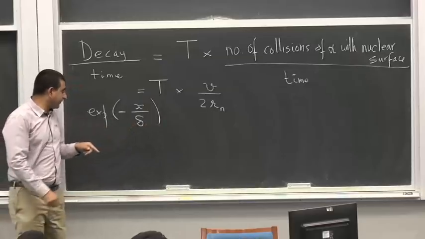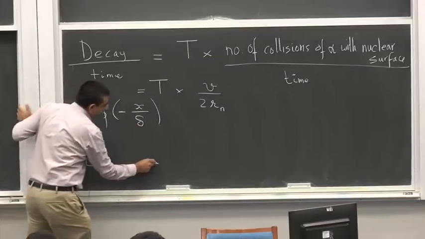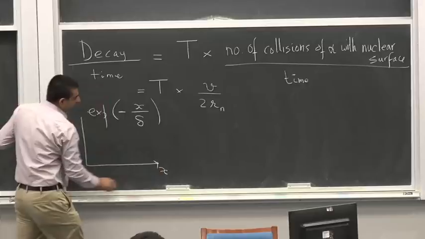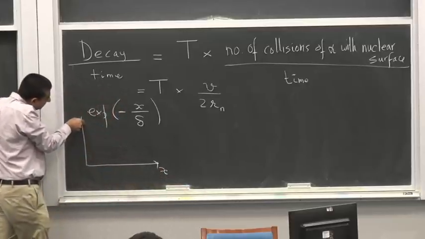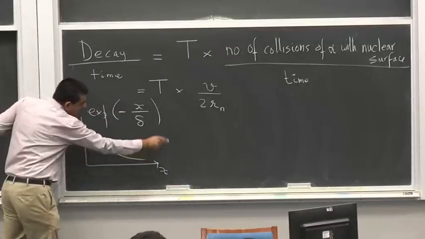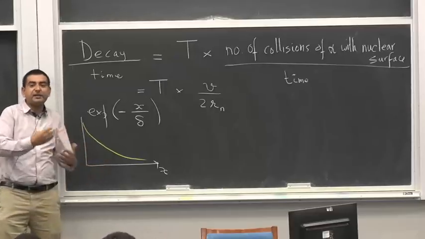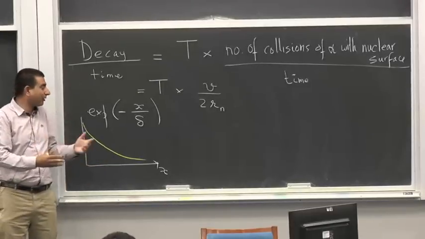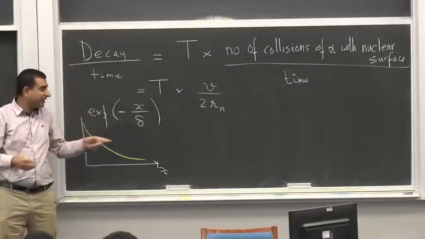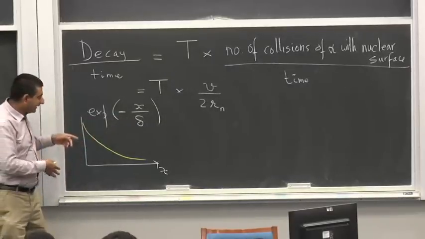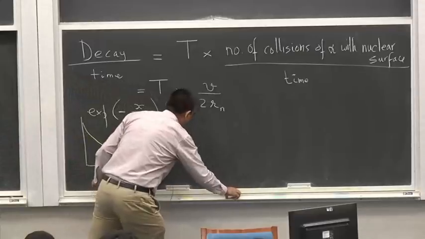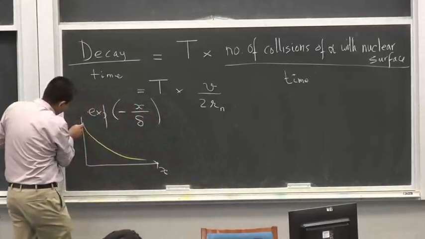Now this is an exponential factor. If I plot this factor versus x, I will get an exponential decay. Which means if I change delta even by a little bit, this graph changes phenomenally.